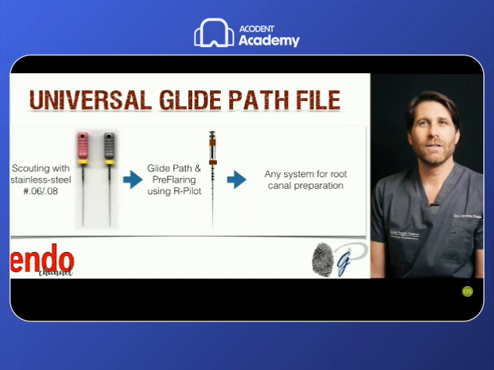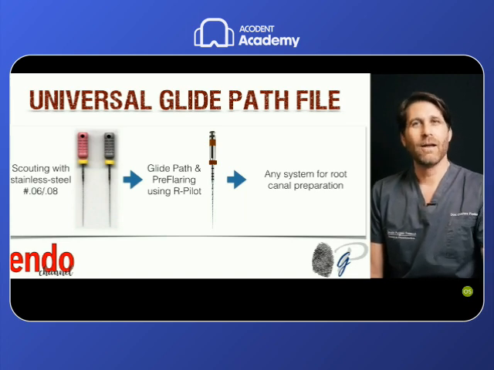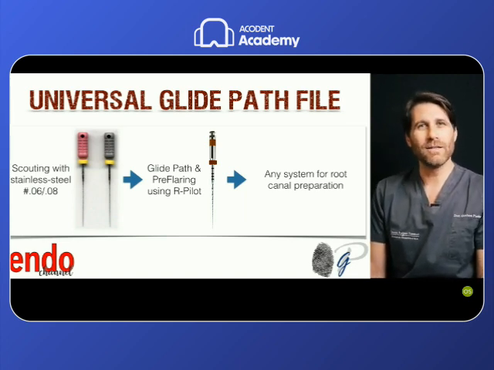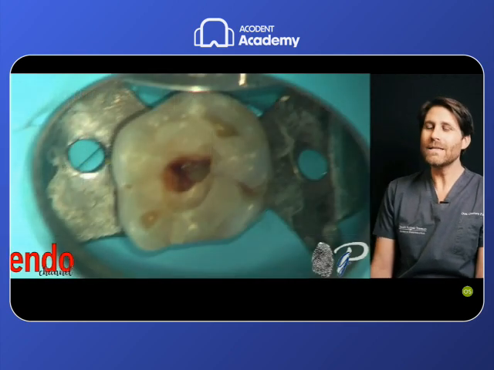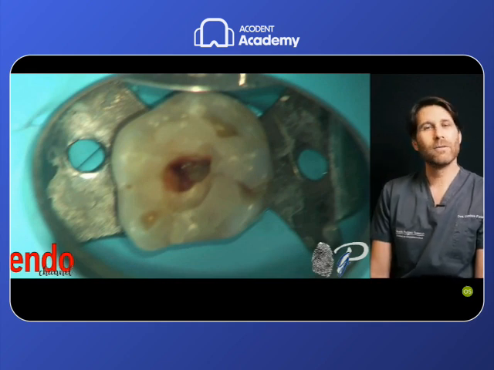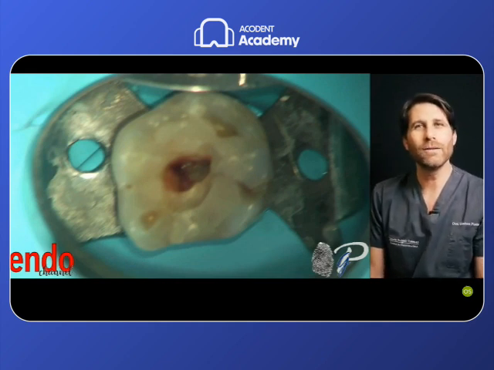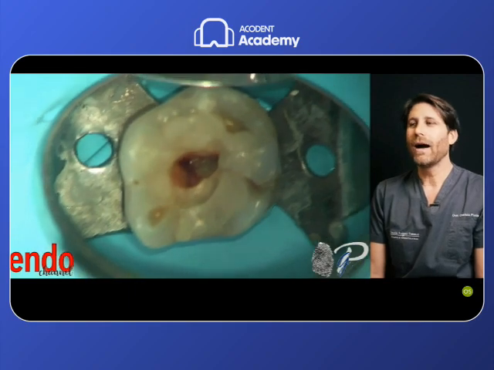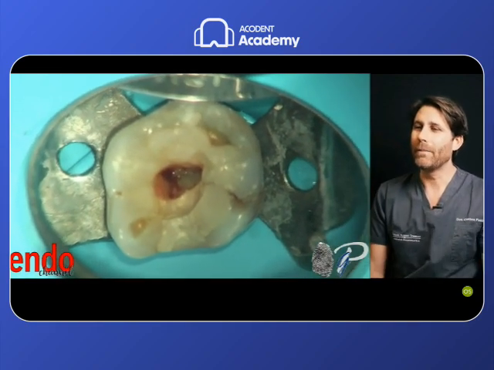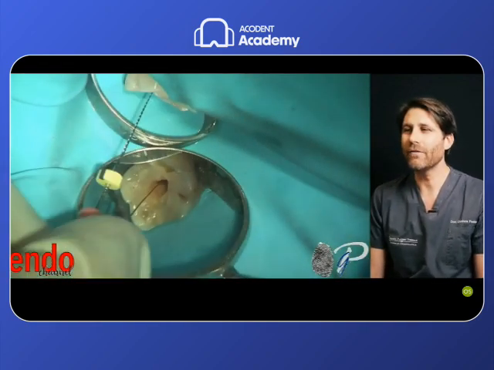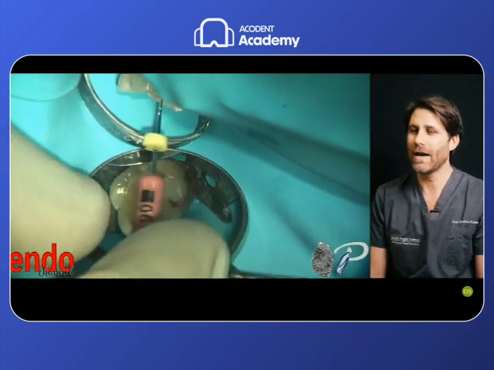And I have underlined in the lessons on the characteristics of the instruments which is my system of choice for root canal preparation. So in this clinical video, I show you what I normally do in clinical cases. I start with preliminary scouting immediately after the preliminary opening of the access cavity.